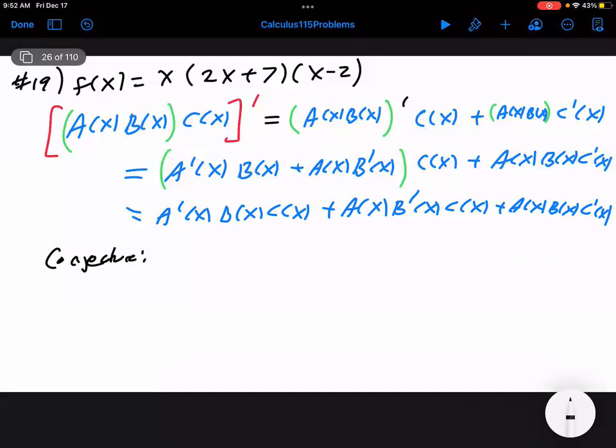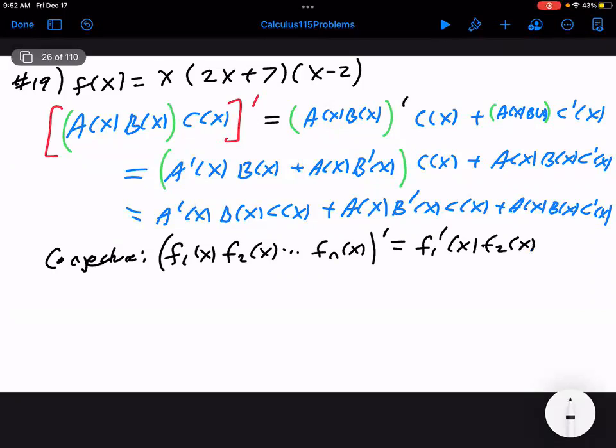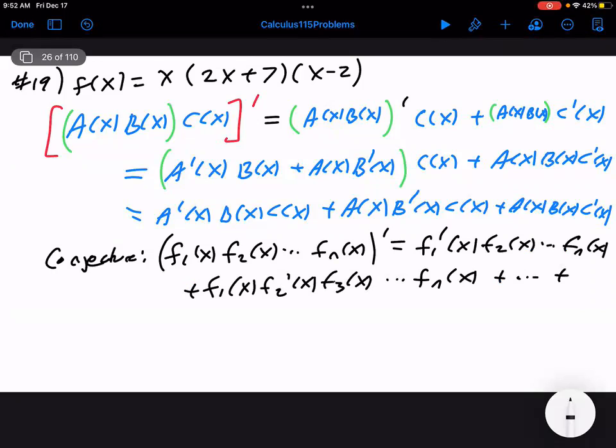that if we have f1 of x, f2 of x, all the way up to fn of x, and we want its derivative, it's going to be f1 prime of x, f2 of x, dot, dot, dot, fn of x, plus f1 of x, f2 prime of x, f3 of x, dot, dot, dot, fn of x, plus, dot, dot, dot, plus f1 of x, f2 of x, dot, dot, dot, fn minus 1 of x, fn prime of x.